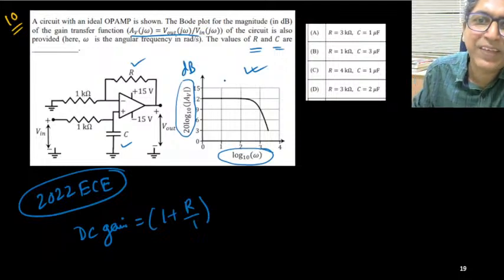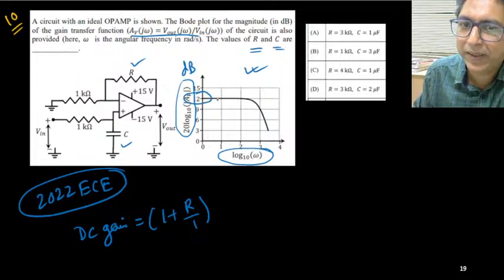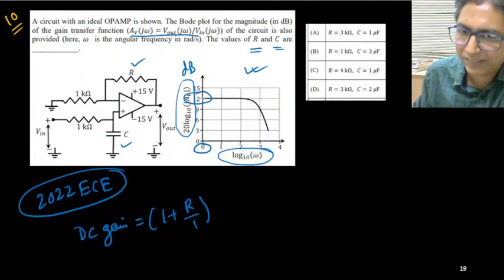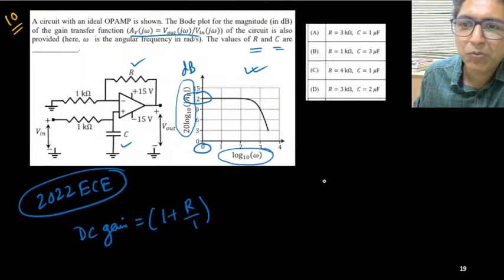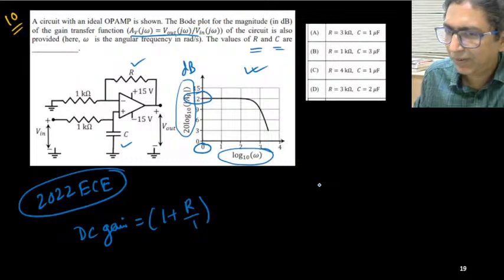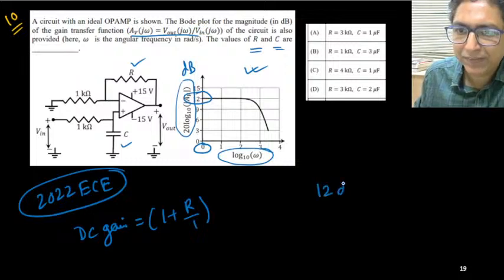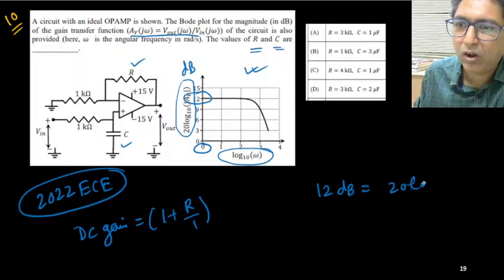Now it is mentioned here, this level is given here. At 0 frequency, what is the gain? Gain is 12 dB. So actual gain, it is 20 log of gain.